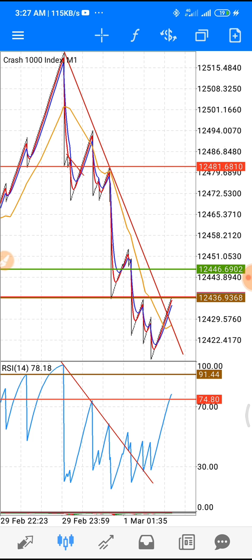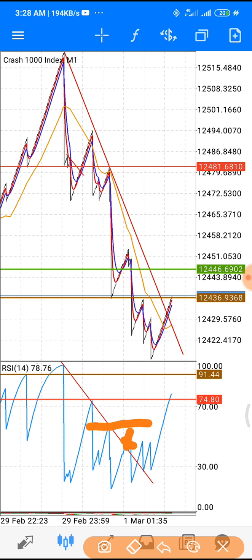Now the breaking strategy failed here. So I want you to note that no strategy is 100%. I said once it breaks a resistance, a trend line it has been respecting, you can take a buy if it's for crash, and you can take a sell if it's for boom. So see this one now. You can see it broke it a little bit.